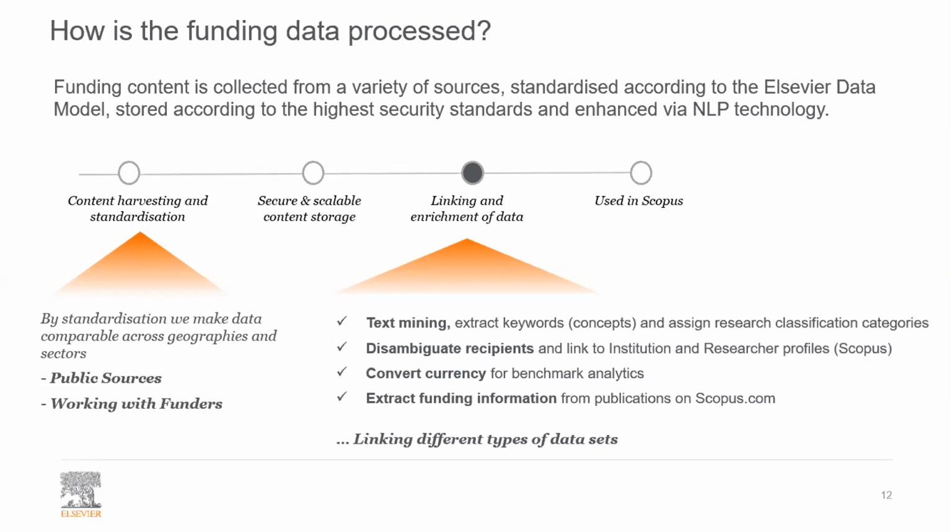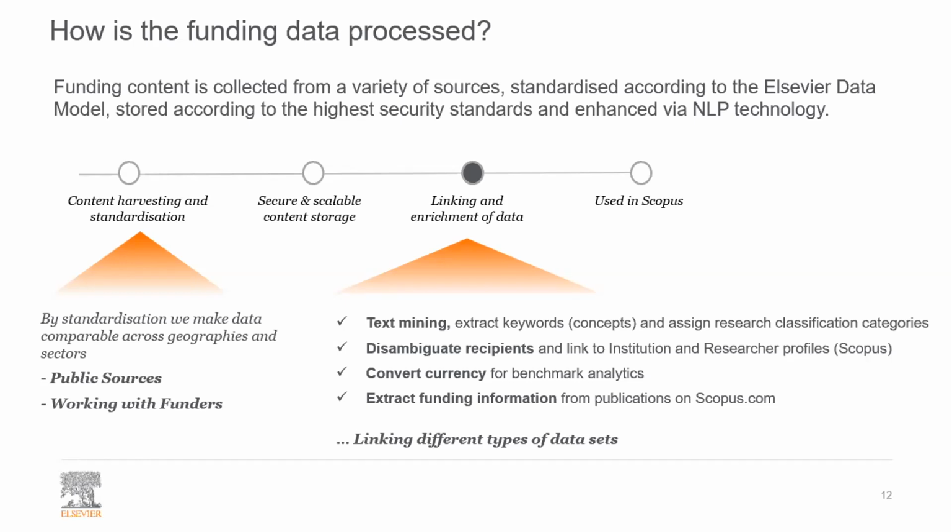And on top of this data that we collect from funders and from the public sources, we put additional value by enriching and linking this data. A couple of examples of additional enrichments we add on top of the collected data: we are extracting keywords, right? We are assigning classification categories to the funding data.